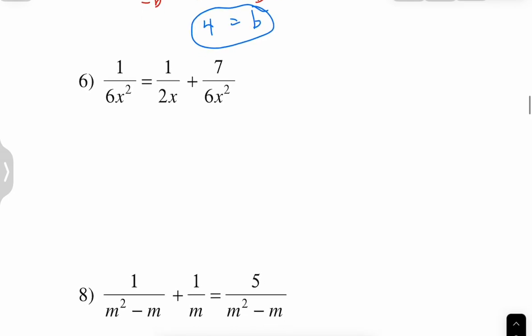Let's do number 6. So our numerical components on the denominators, 6 and 2, the least common multiple of that is 6. And our highest power is x squared.